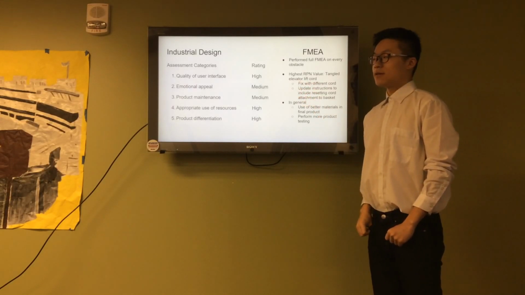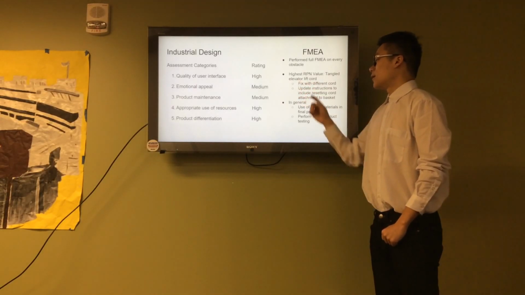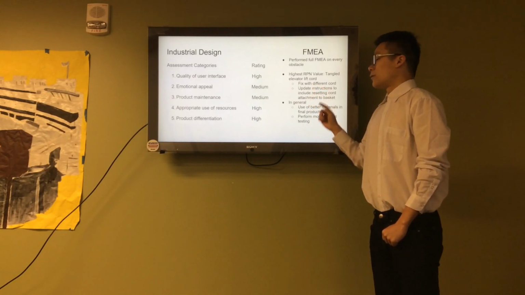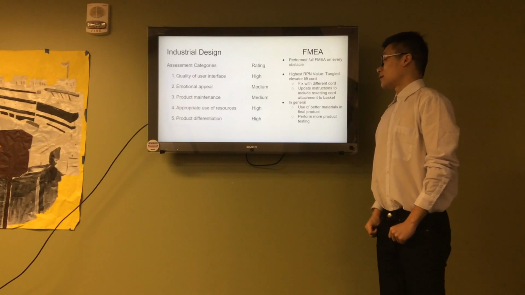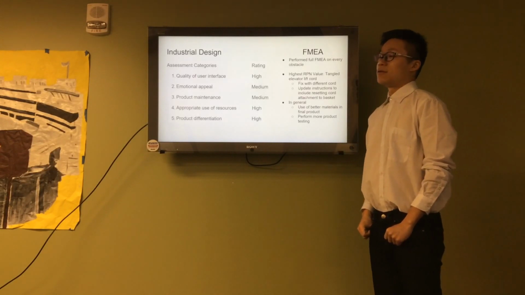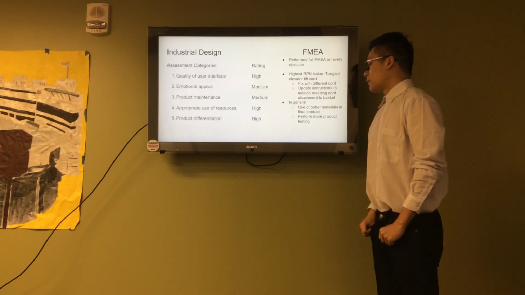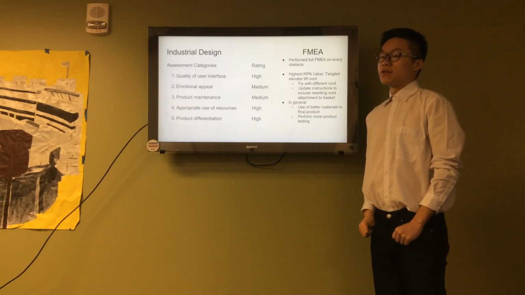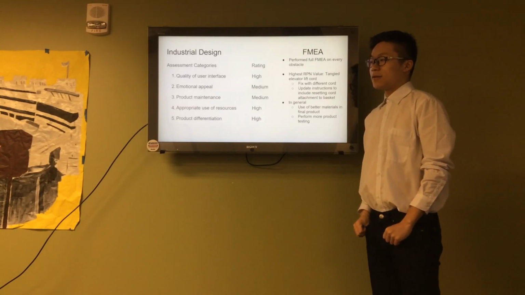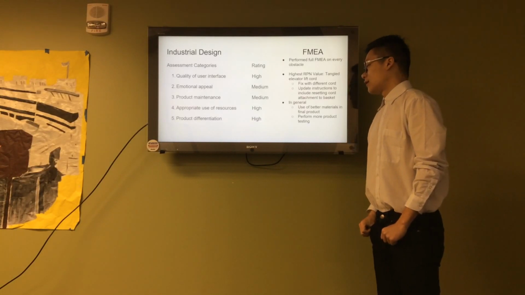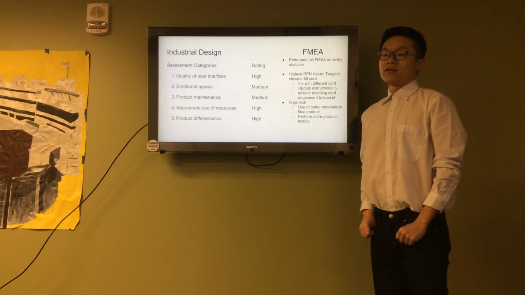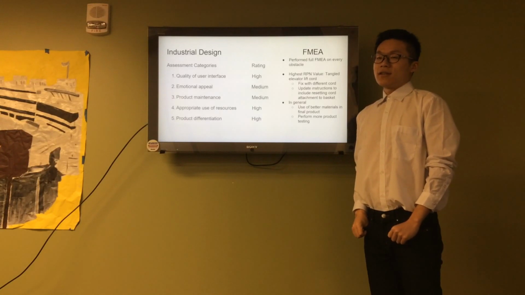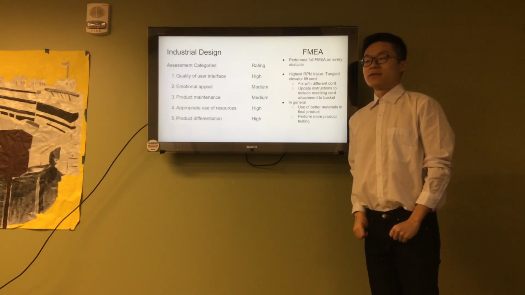So our possible solution is to fix it with different code, and we also need to update the instruction to include the resetting code attachment to the basket. And in general, our team will use better materials in our final product and perform more product testing. Then Josh will talk about economic analysis and the 3D model.